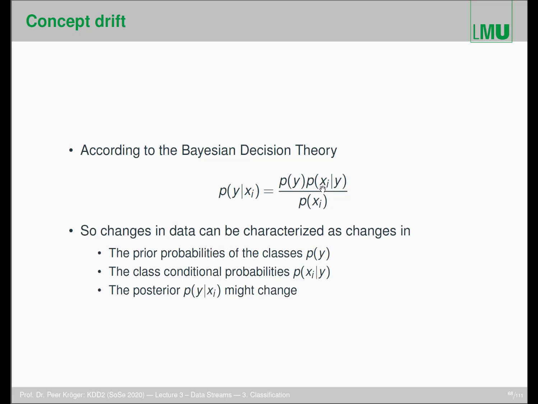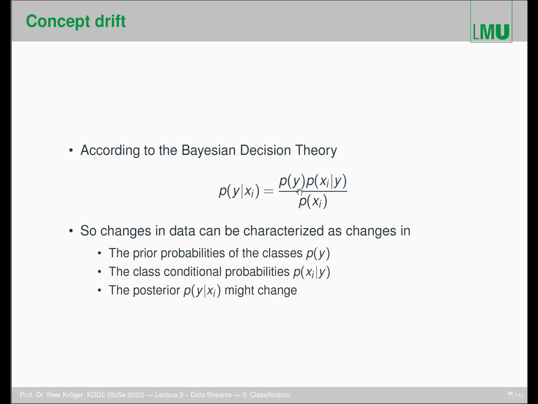So the probability that we observe x given that we are so to say in the class y, divided by the probability of the observation x. That's what the denominator is here. Yeah, p of x.